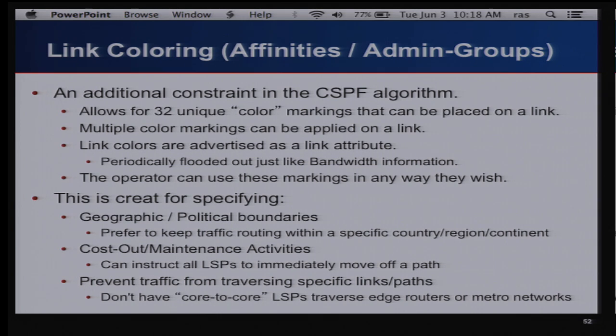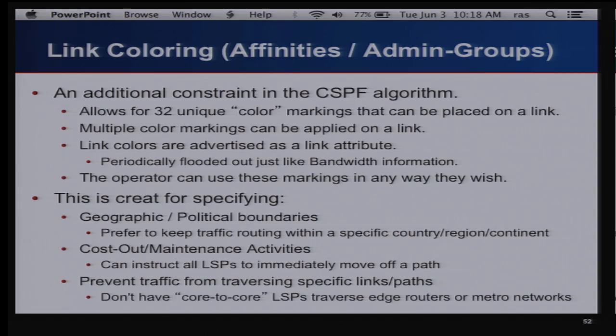It basically gives you 32 unique color markings, and you decide what this color means inside your network and what you want to do with it. And then that gets advertised as a link attribute and it's flooded out in the bandwidth information. So again, geographic political boundaries, if you prefer to do the routing a certain way. You can also use it for maintenance activities.